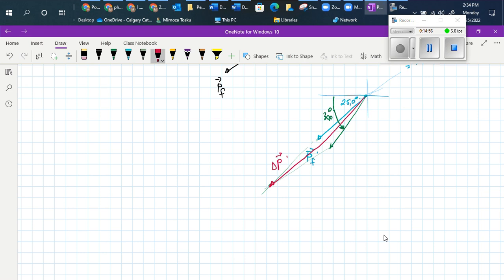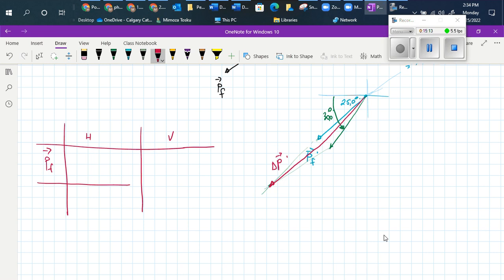If we are doing this using the table of components, then we'll create the table of components in the same way as we have done for any vector, stating that we'll start with momentum final and then the opposite of momentum initial.